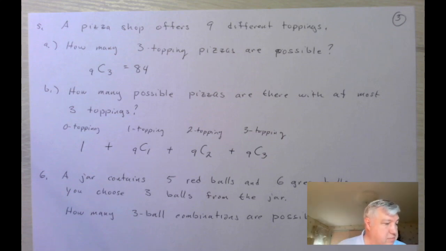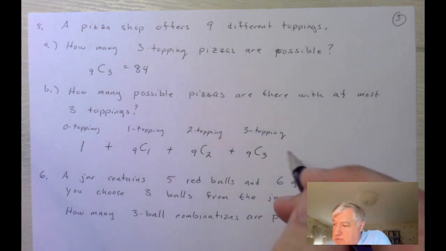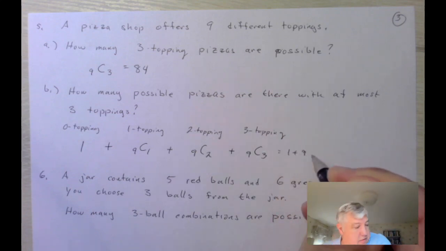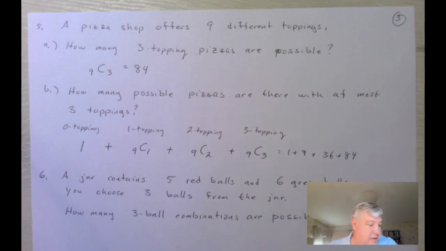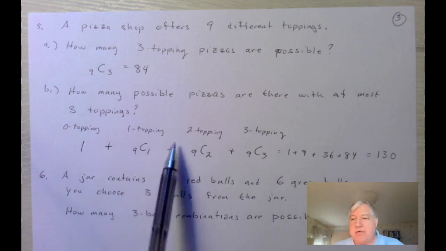So if we add all these together, this is 1 plus 9 plus 36 plus 84, and this adds up to 130. All right, and we are adding, not multiplying, because these are all separate cases, right?